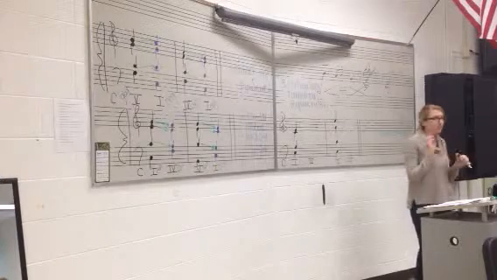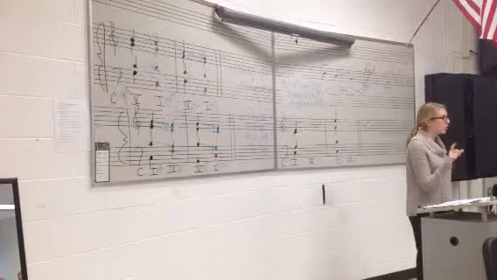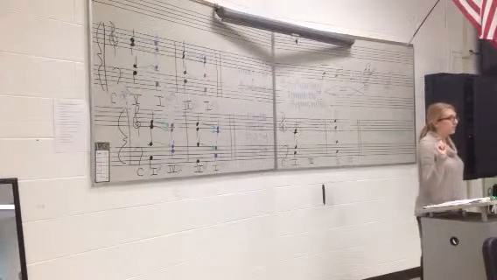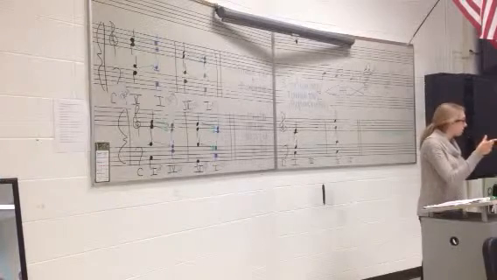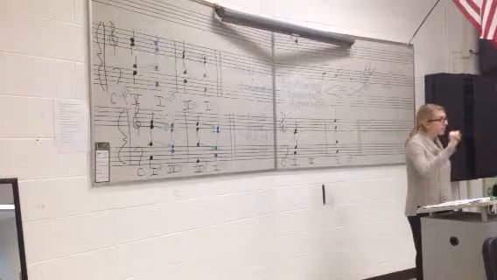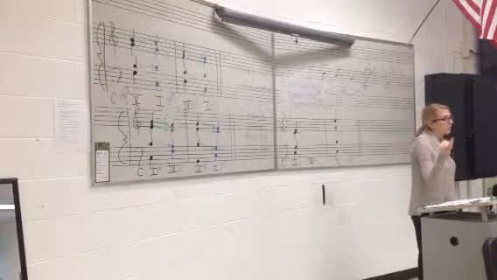So a tertian leap is when the note that is the third of the chord is leaping. It does not mean a leap of a third, but it means that, so 1, 3, 5, the third note of the chord is leaping.